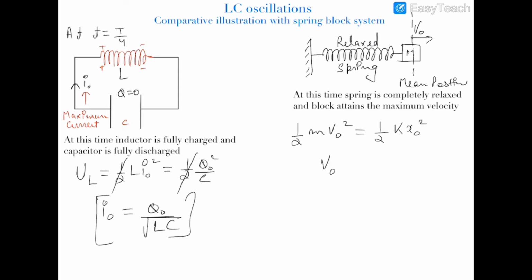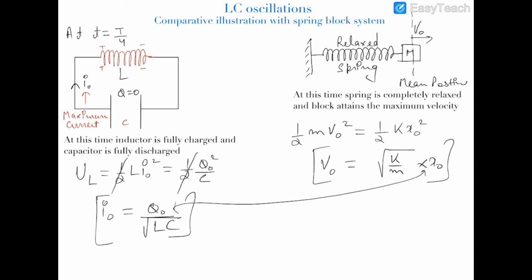So V naught is equal to under root of k by m into x naught. This is the velocity, and if you can visualize, I am comparing this x naught with q naught, and this v naught with I naught.